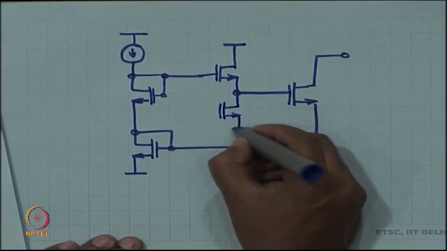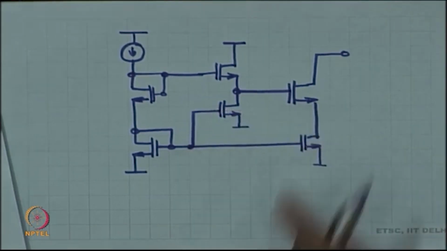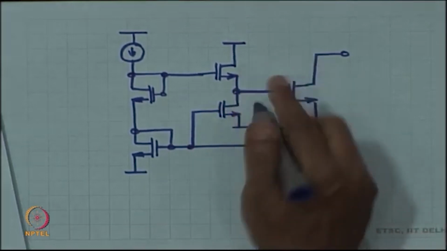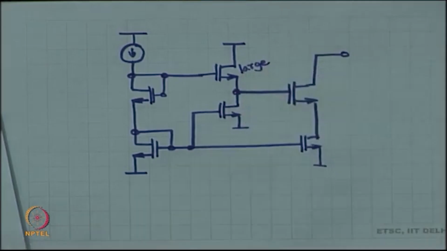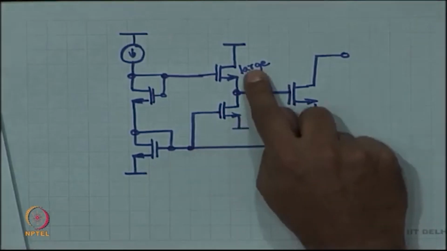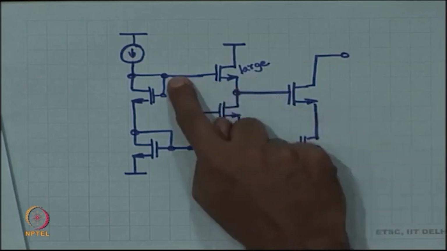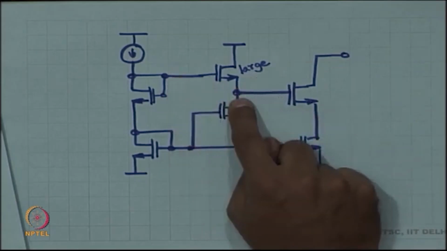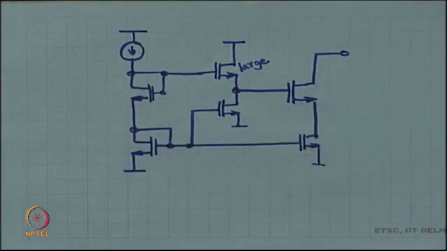And the way I do it is with the help of a device, a very large device with a very large W by L ratio. So, that Vgs minus Vt is almost equal to 0, which means that this is just a Vt below the voltage over here. So, all these other devices are equal in size.